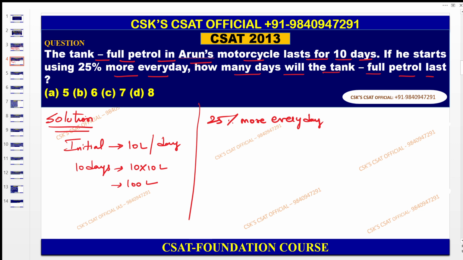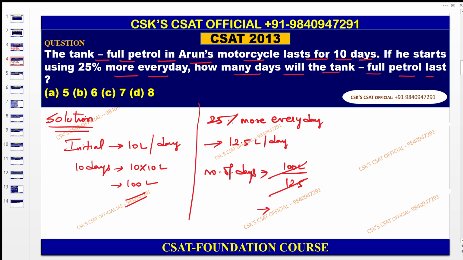But if we start using 25% more every day, so 25% of 10 is 2.5. Therefore, suppose we start using 12.5 liters per day, then how many days can we use this 100 liters of petrol? The number of days is 100 divided by 12.5.